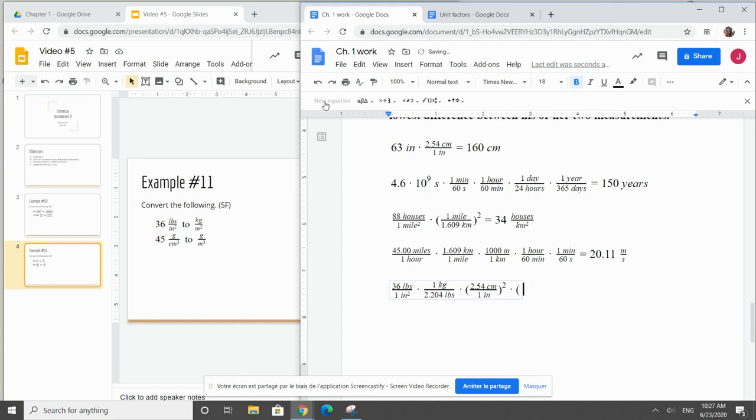I actually made a mistake there. I am sorry. I should have flipped that fraction. So I had to square both of these, and now I will need to put this in my calculator and round to two significant figures.